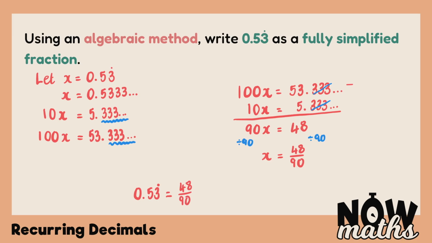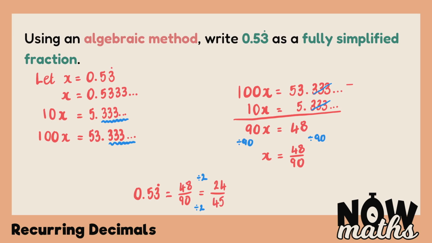Finally, the question does ask for us to make sure that our fraction is fully simplified, so let's just check. I can see that 48 and 90 are both even numbers, so they are definitely divisible by 2. So let's divide by 2 and see what we end up with. 48 divided by 2 is 24, and 90 divided by 2 is 45.